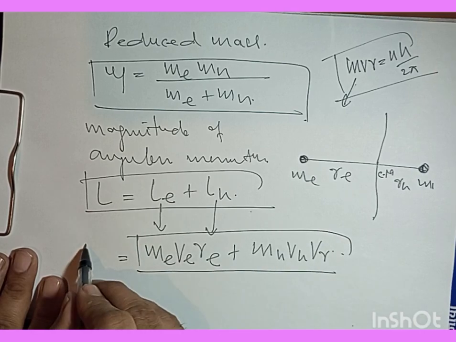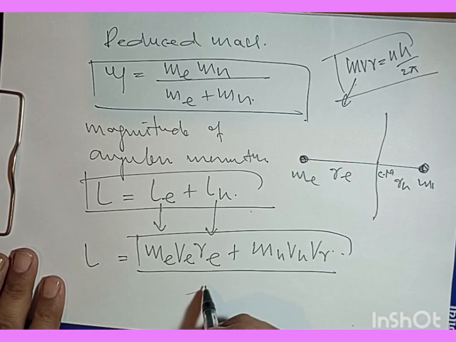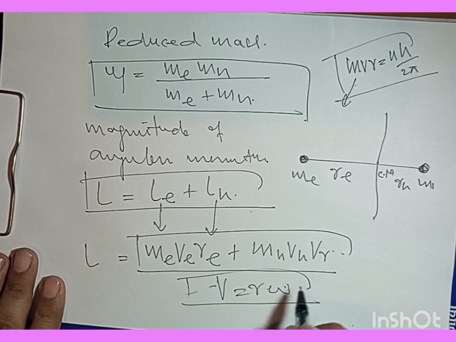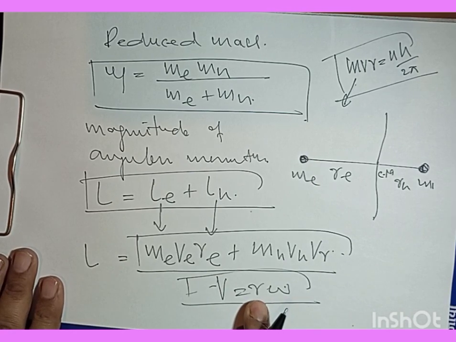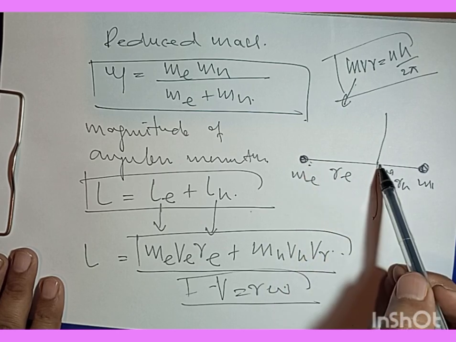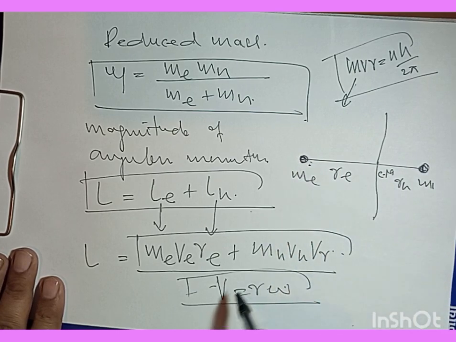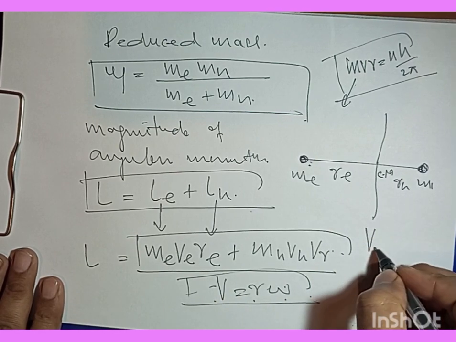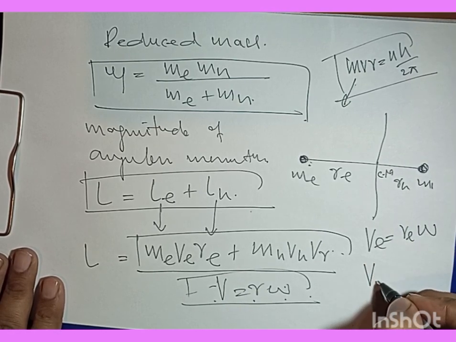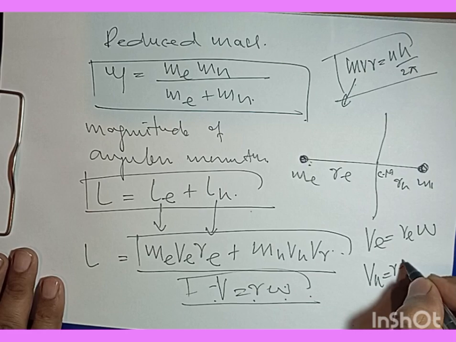And we have a relation between linear velocity and angular velocity. And what's that? V is r omega. So r is the radius, or you can say the separation from the center of mass to the particle. So V is r omega, meaning Ve is Re omega, and Vn is Rn omega.